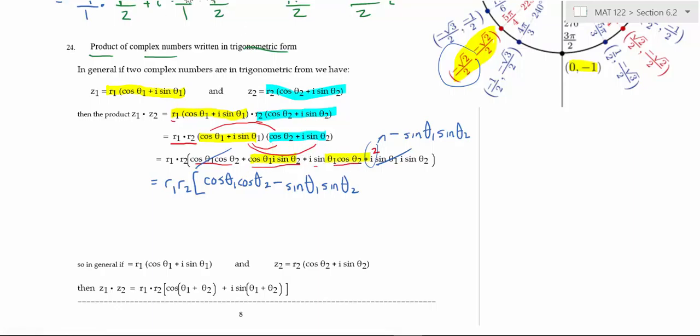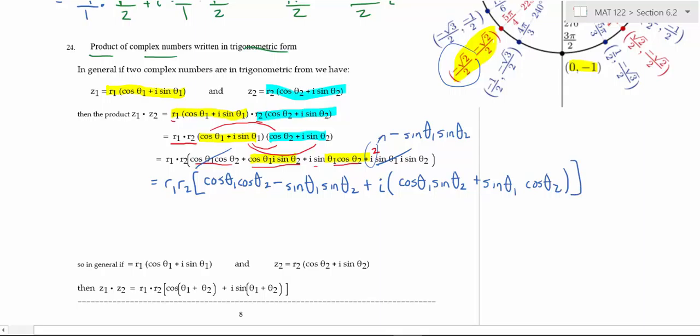There's an i embedded in both, so we're going to go ahead and write i, and then a parenthesis, cosine theta 1, sine theta 2, plus sine theta 1, cosine theta 2, like that.